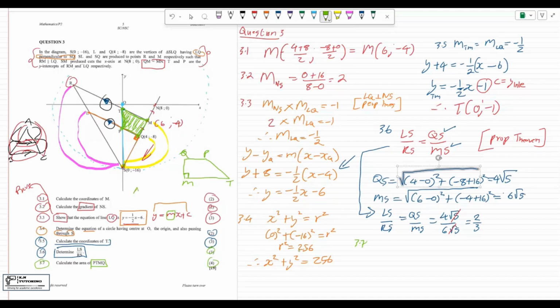area of a trapezium is equal to half the base, which is going to be MT, multiplied by the perpendicular height. Perpendicular height is QM. No, I'm lying.